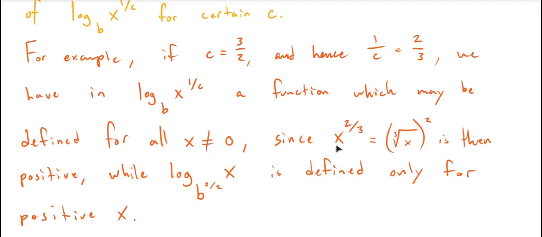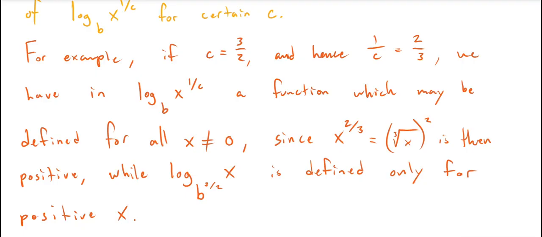And this is because x to the 2/3 power, or the cube root of x squared, is always positive. And so even negative x's could go into this logarithm happily. On the other hand, if I'm looking at log base b to the 3/2 of x, this argument is going to be negative when x is negative. And so we really could only use positive x's here. So this one has a different domain than this one does.